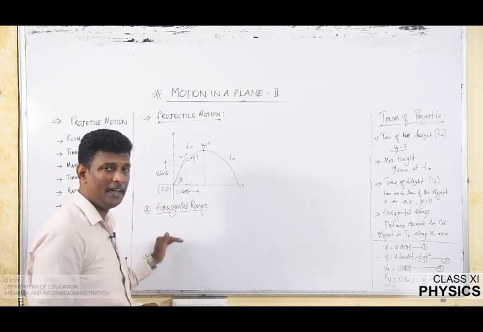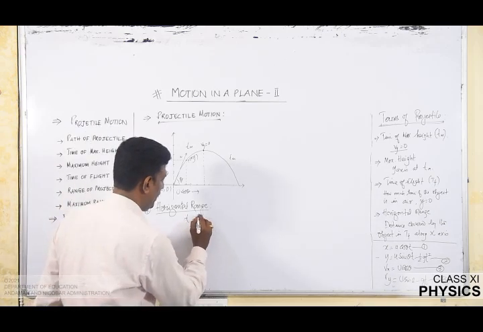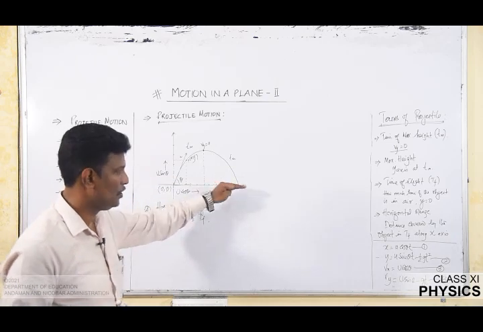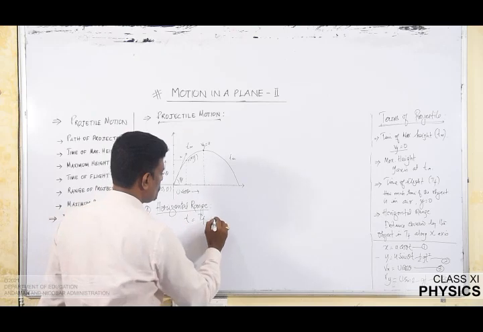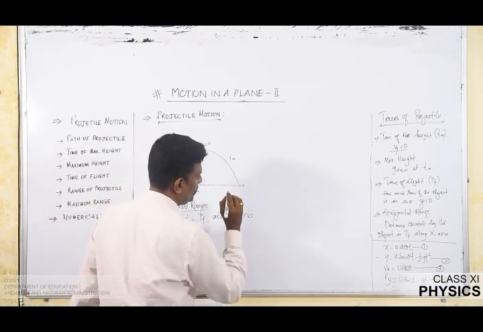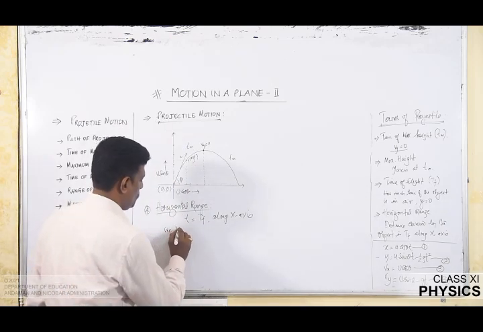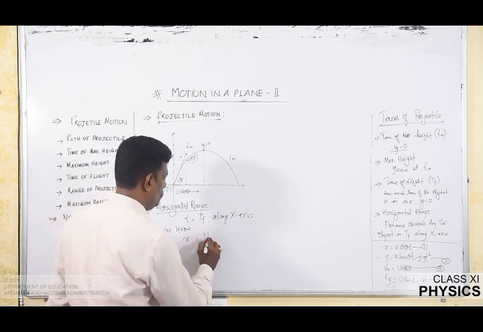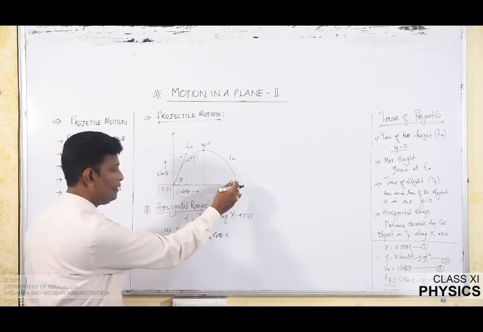So, T is equal to Tf and y is 0, and along the x axis we know x is equal to u cos theta into the total time taken.